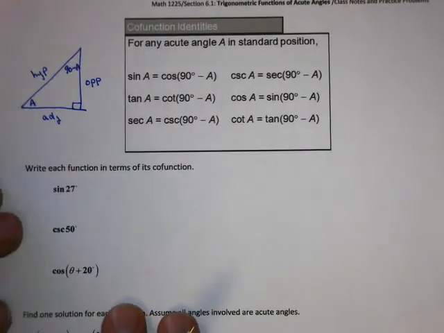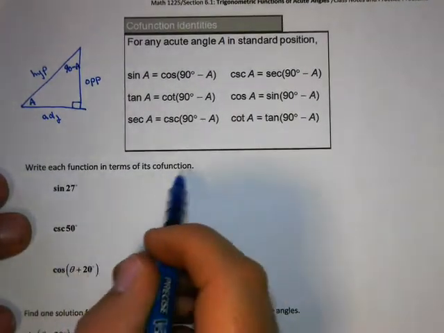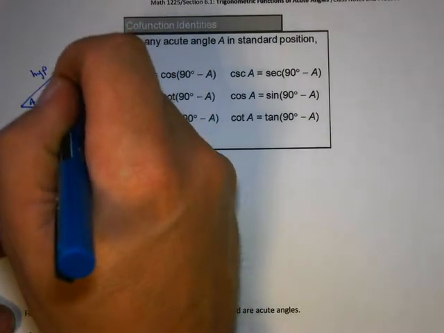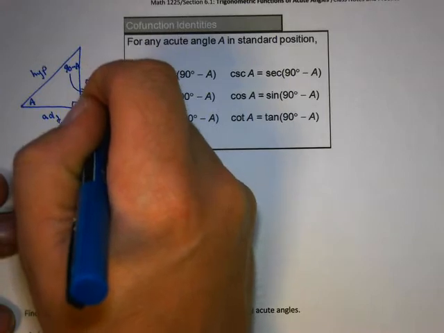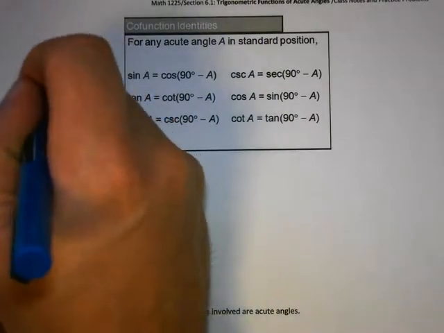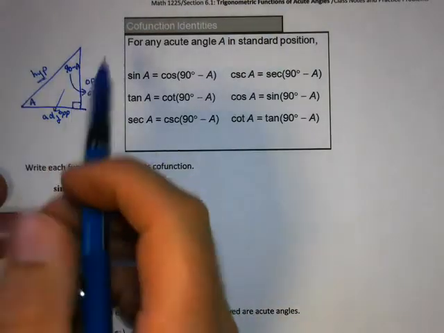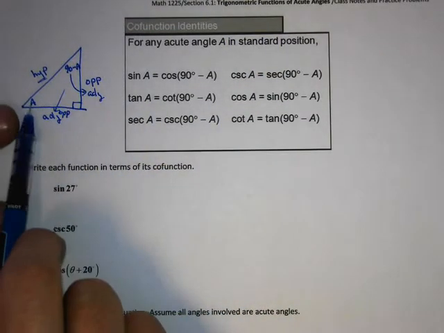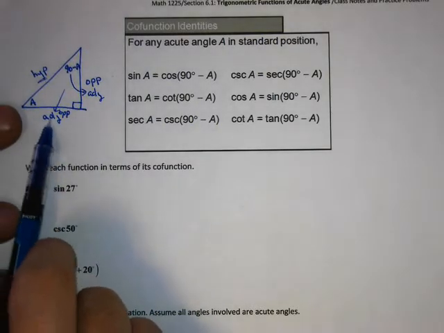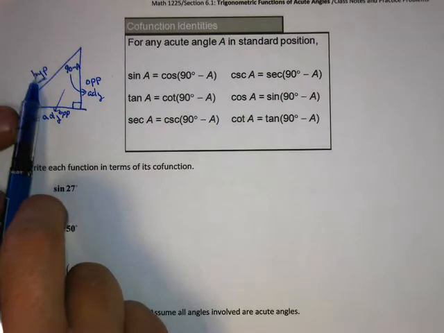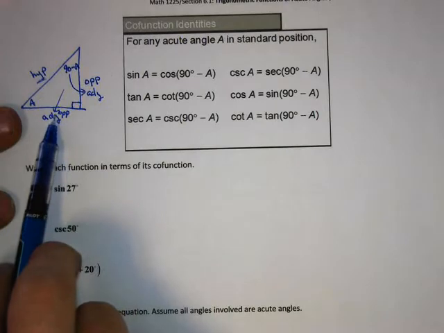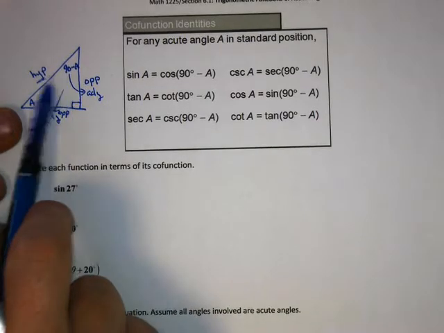So if we're going to use that now, write each one as its cofunction. So again, to this would be adjacent, this would be opposite, and this is still going to be the hypotenuse. So you can see how if we did it with cosine of A, it's adjacent over hypotenuse, then that's going to be sine to get to this side over hypotenuse.